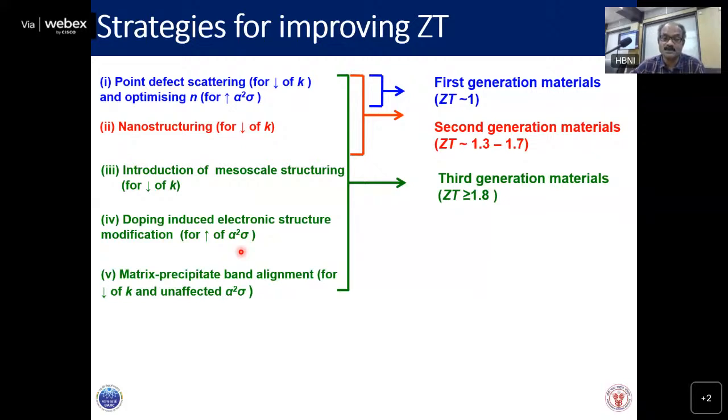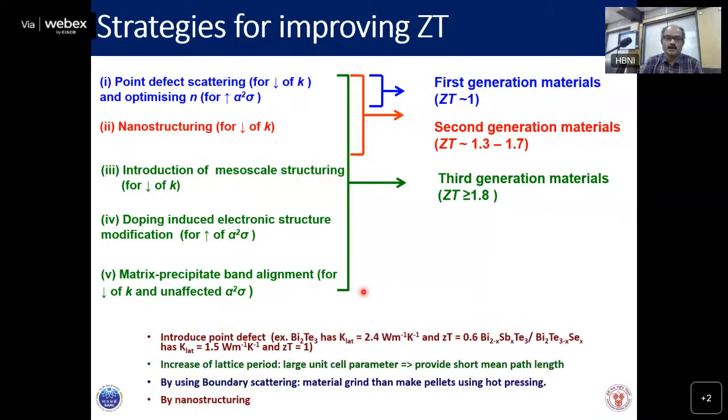You can select specific dopants with electronic structure calculations, and then optimize and modify the electronic structure, and then you can actually implement it by making the material after those calculations. Then matrix precipitate band alignment for reducing the thermal conductivity.